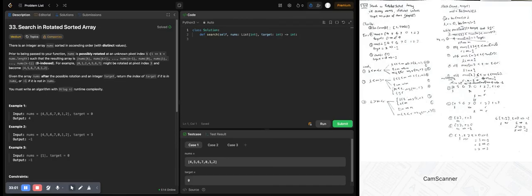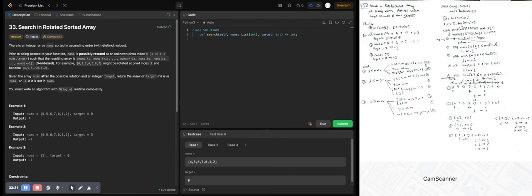However, if it is between the mid and the right, we search the second half. However, if the nums is greater than the mid or is less than the right hand side, then we're gonna choose the right hand side.